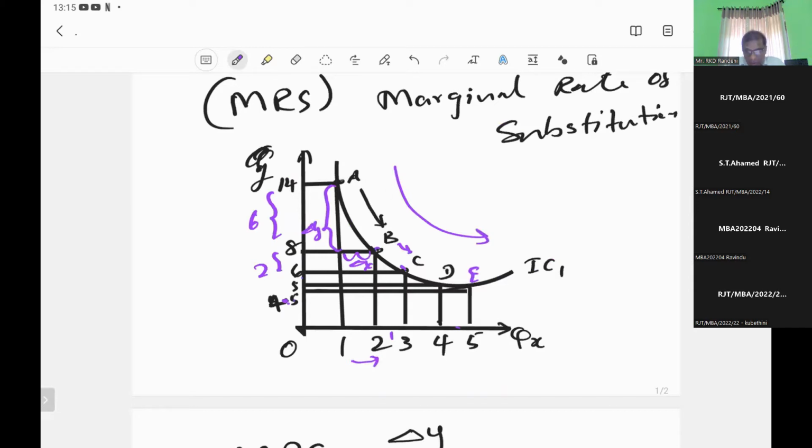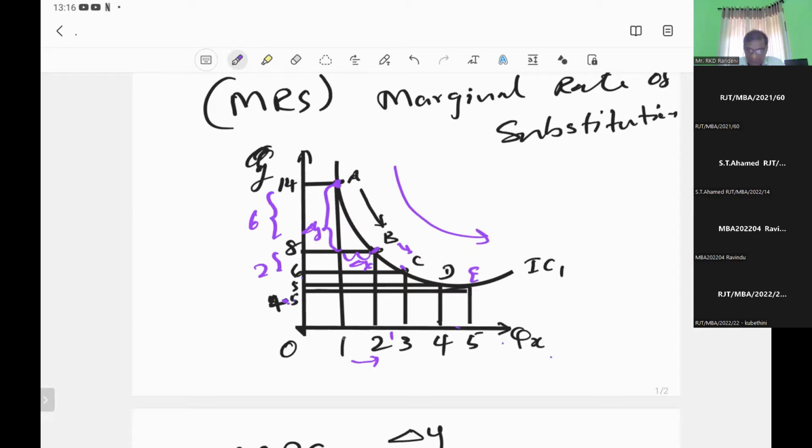Now from A to B, at point A he has only 1 unit of X. Assume this is dry fish, and here is vegetables. He has 14 units of vegetables, say 250 grams each, and here 1 kilo of dry fish.